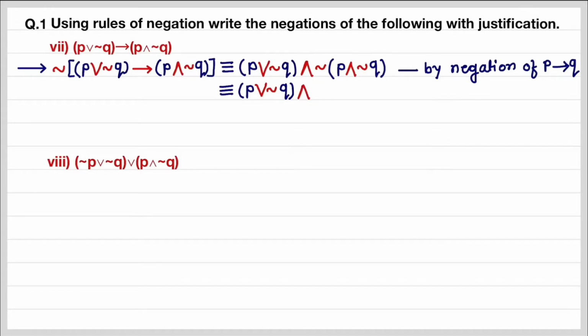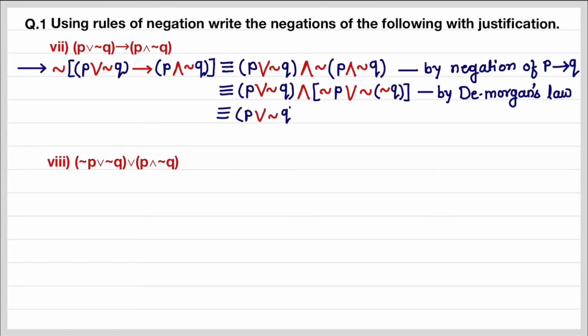Now we have to apply De Morgan's law. First bracket as it is P or negation of Q, and now negation of conjunction. Negation of conjunction is negation of first statement or negation of second statement. Here second statement is negation of Q. Reason is De Morgan's law.